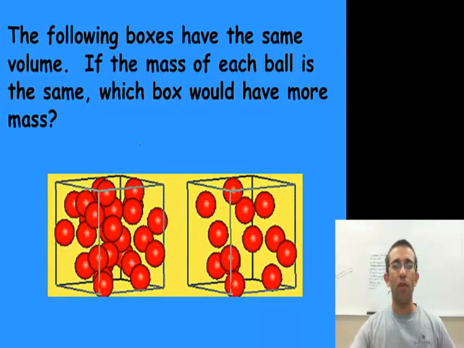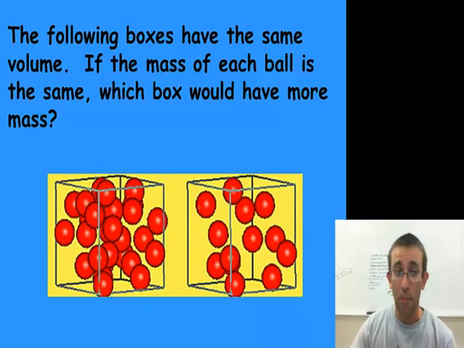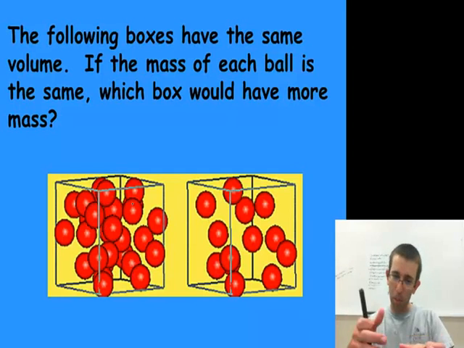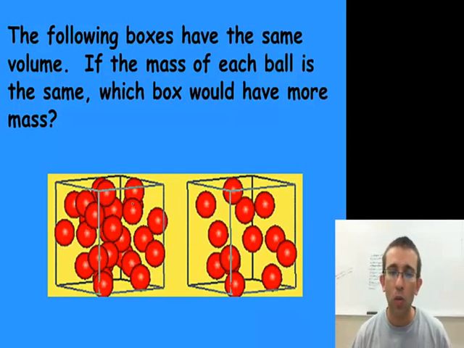Alright, so the following boxes, they're the exact same volume. So you have two boxes, same volume. If the mass of each of these red balls is the same, which box would have more mass? So if I put these both on a balance, which one would have more mass?